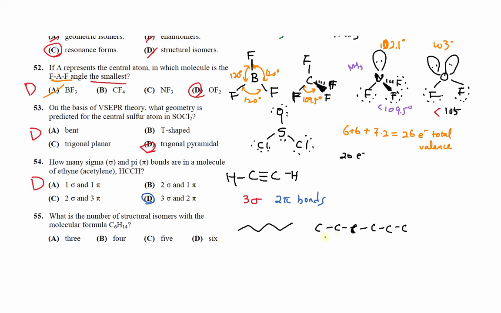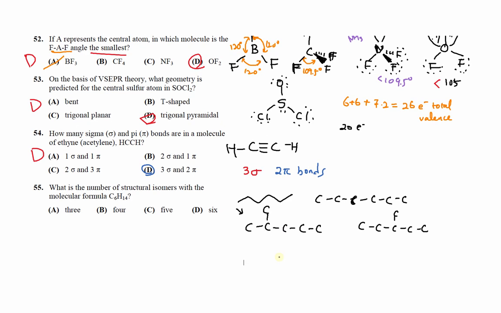So that's one form, and the second form is we can form a branch. So I have 5, and I can have a substituent on the second carbon, and I can also have one here. Now if I make a fourth, it's the same shape as this form, so I'm not doing that.